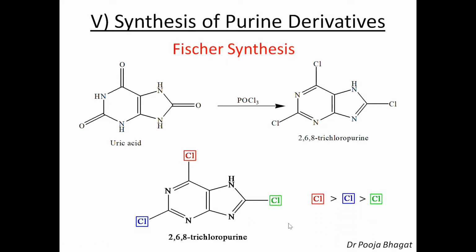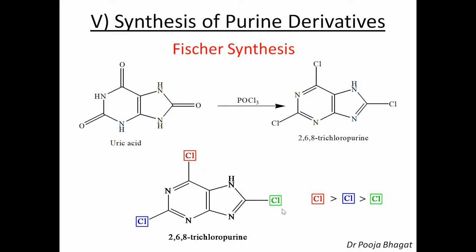This is the order of reactivity which shows that the red one is most reactive, then the blue one, and the green one is the least reactive chloro group. That means if you add a nucleophile, first the 6th Cl will be replaced, then the 2nd Cl, and then the 8th Cl.